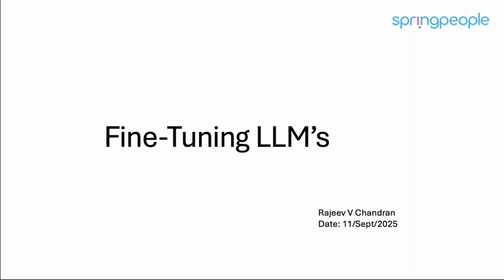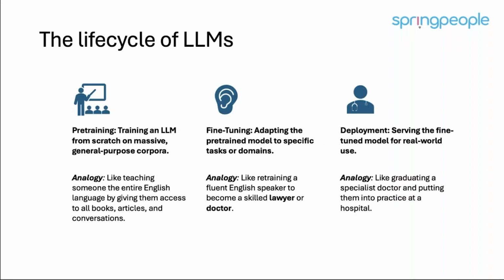So let's get started and let's understand the life cycle of an LLM. An LLM's life cycle begins with its creation, and we call this activity pre-training. To get this going, we collect a lot of data, clean up the data, and then we put it into a process.